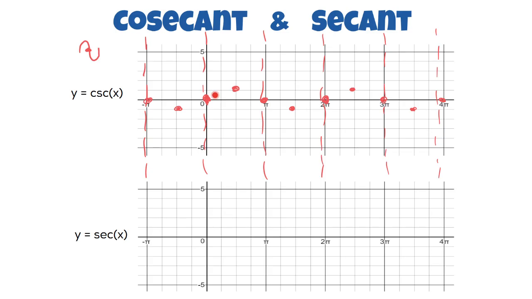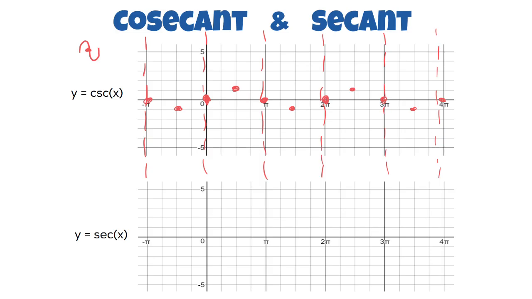Right here, when sine is very small, in this space, that means cosecant is really big up here somewhere. And then it's going to touch right here, and then it's going to start getting, again, closer to the x-axis, making my sine value smaller, making my cosecant value larger.